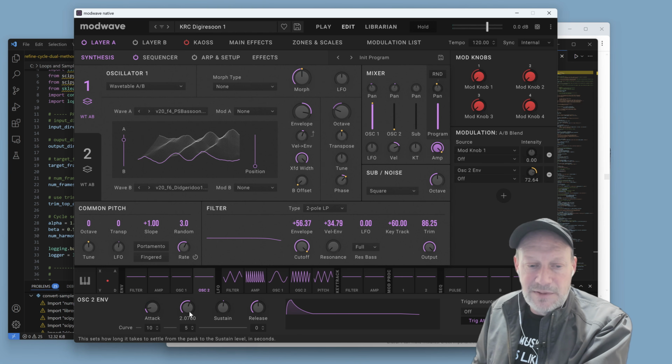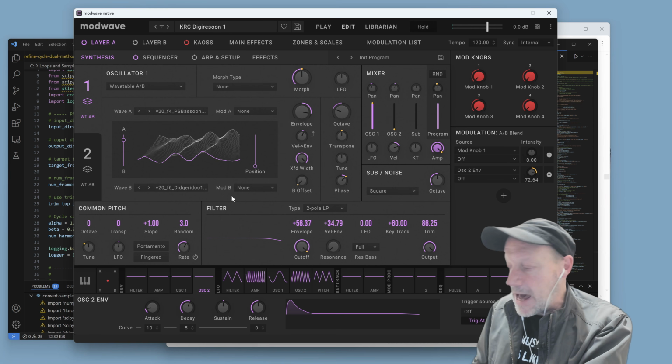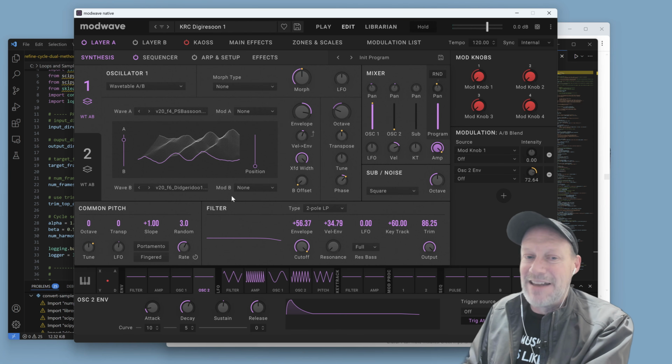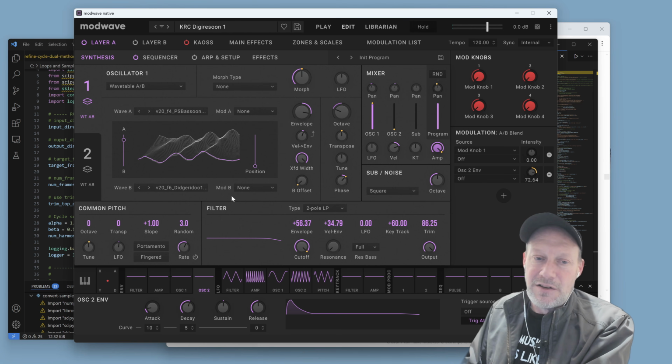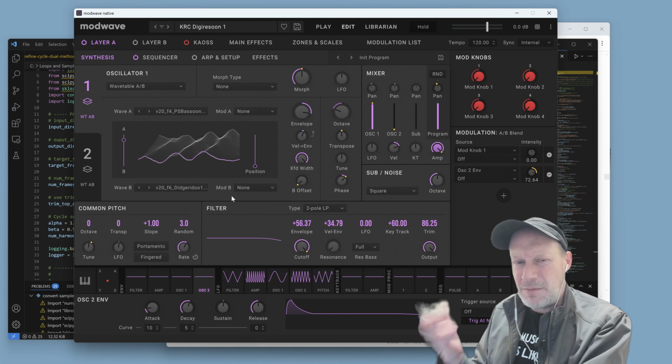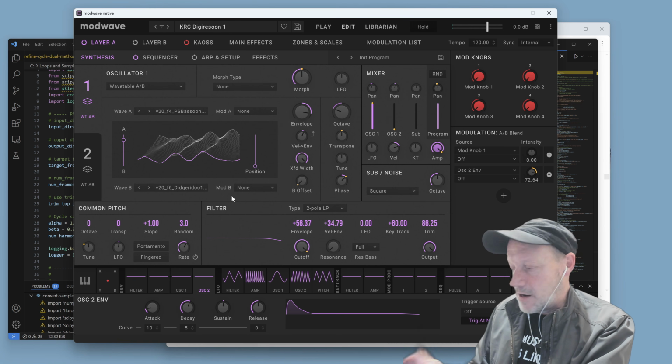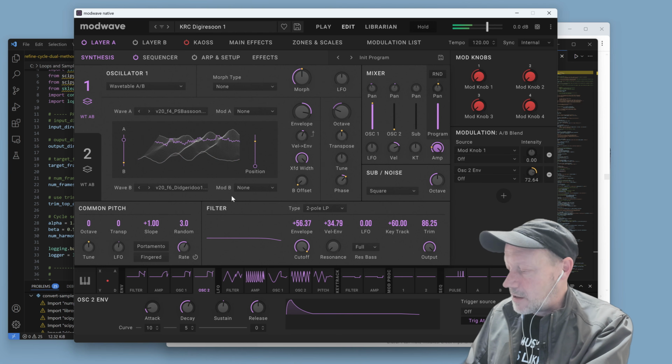So that's an envelope with a short attack and a longer decay. It's a very interesting sound. This goes from that whir, whir, whir of the didgeridoo to the simplicity of the bassoon, which is almost like a square-ish wave, triangular kind of wave.